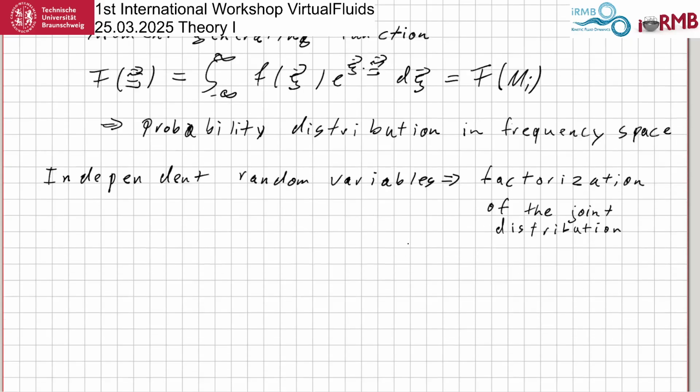So this means if we have this distribution f that is a function of moment 1 to moment m, moment n, say, then we hope that we can rewrite it in terms of a product of individual distribution functions, each of which only depends on one variable.